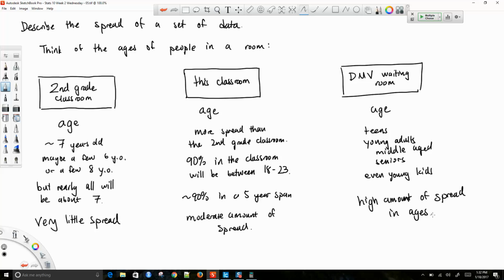So if you have a lot of different ages, that's going to be high spread. Very few different numbers represented, that's going to be low spread. So low spread means the values in the data are very similar to each other.